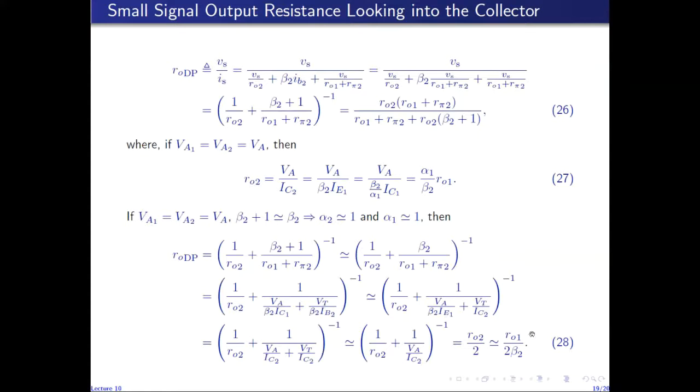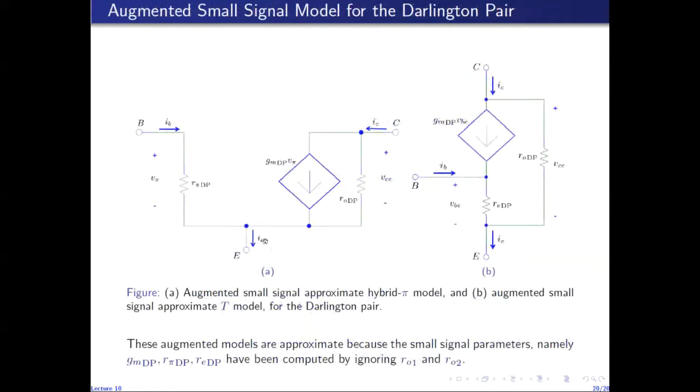So this is an approximate expression for the output resistance of the Darlington pair using some very reasonable assumptions. So with this information, we can augment the small signal model for the Darlington pair we derived earlier with this resistor here.